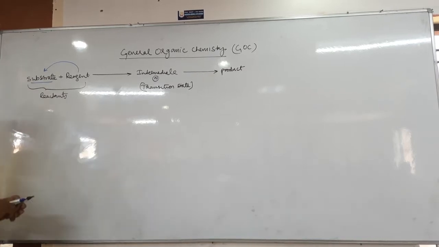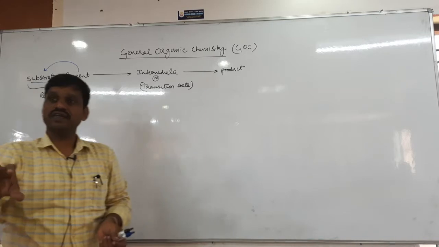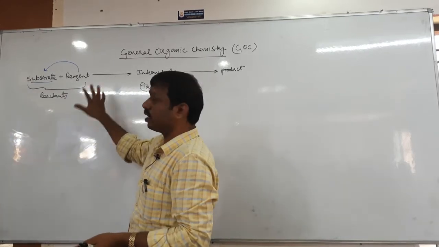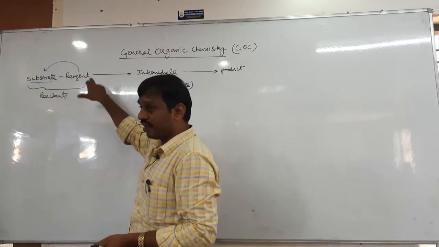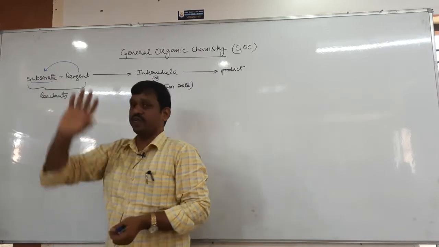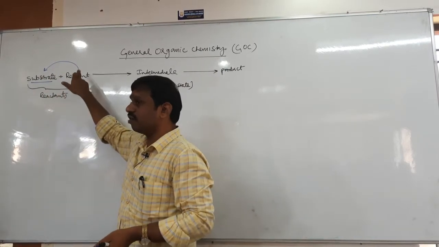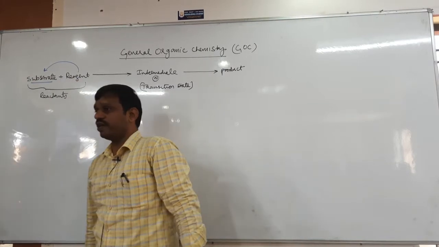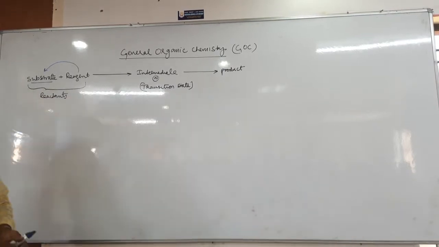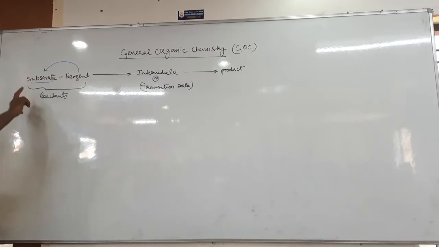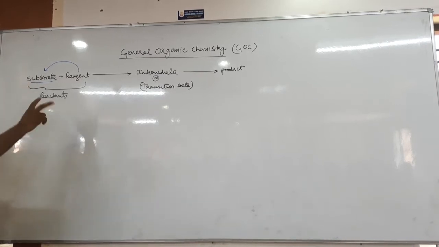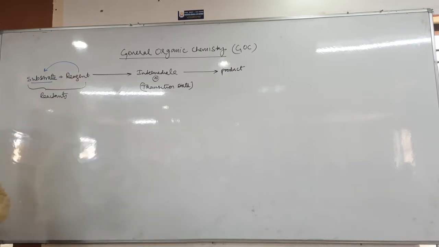The reagent is also a reactant, but the reactant which attacks the substrate is called the reagent. So in a reaction mechanism, reagent and substrate combine, form an intermediate, and finally the product.